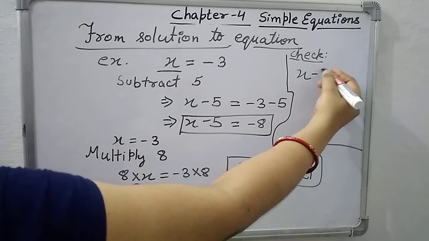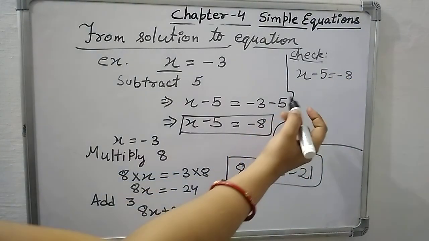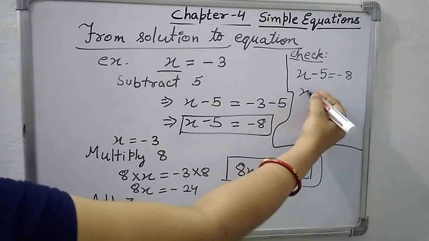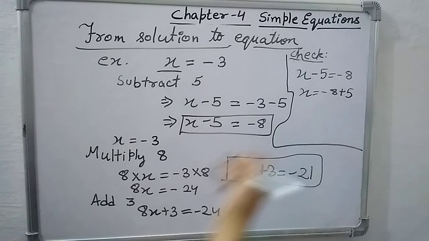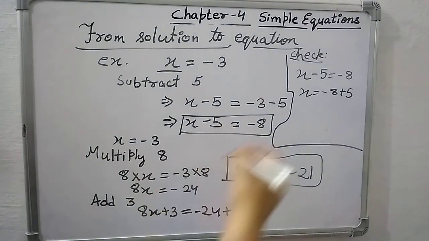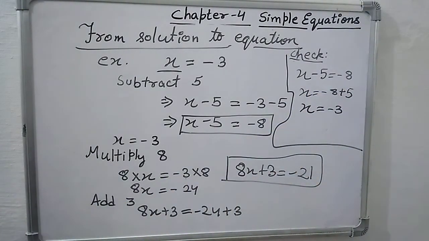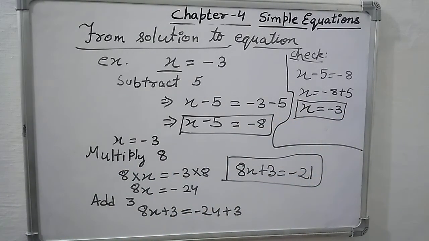So x minus 5 equal to minus 8. So after transposing this minus 5 to RHS, it will become plus 5 there. So it will be x equal to minus 8 plus 5, which gives you your answer as minus 3. And value of x is minus 3 here.